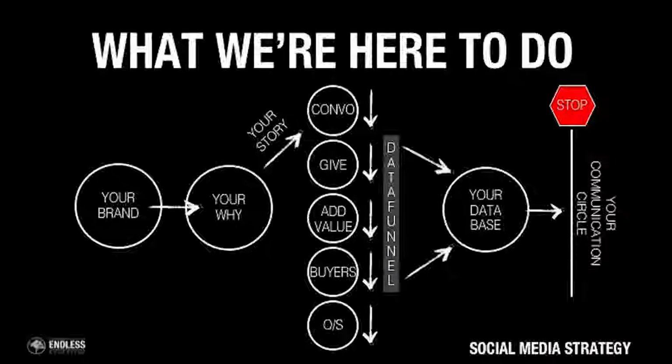And the way that we start with your story is to figure out your why. Everyone's talking about your purpose nowadays and what you're doing. But there's a lot of value to understanding your why and why you do what you do, the deeper reason behind it. Because once you have that, you can start to drive that down what I like to call your data funnel, right?